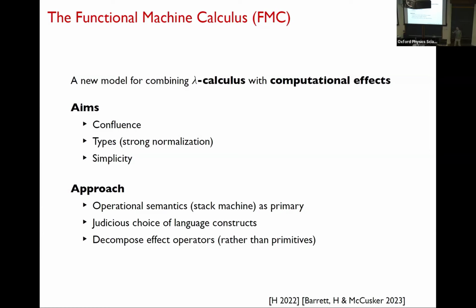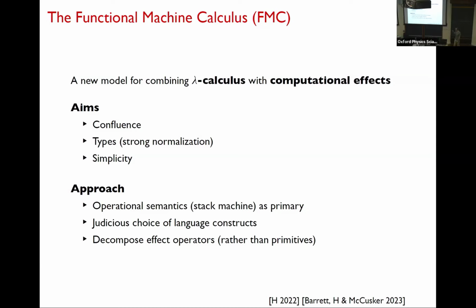So we have a little shift in perspective there, and the reason is that it's easier to consider computational effects in an operational way, and it's much easier to do your design in this setting, and then make sure that everything else falls into play.